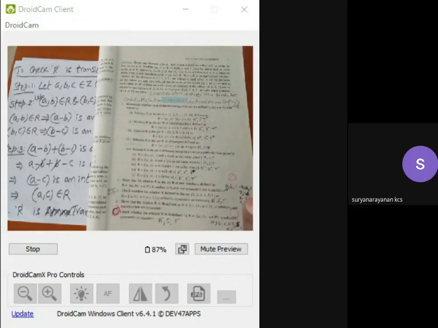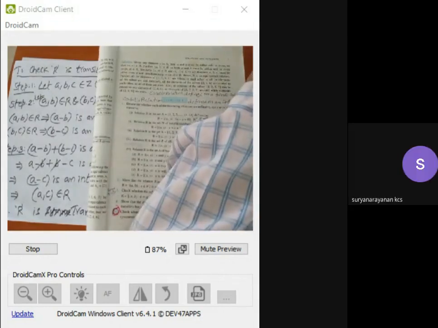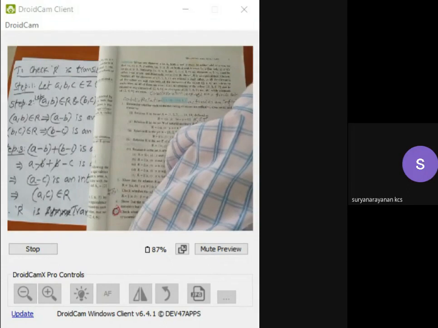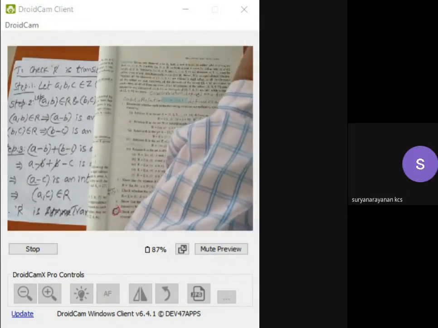In the case of symmetric and transitive, you should not concentrate on the elements in the domain. Only in the case of reflexive, we concentrate on the elements given in the domain, that twins should be there. That is only the first point.